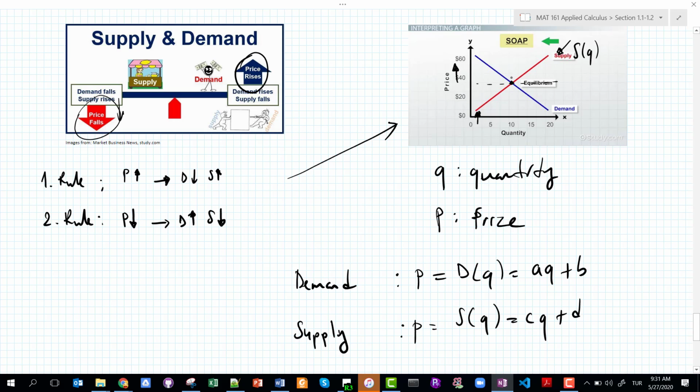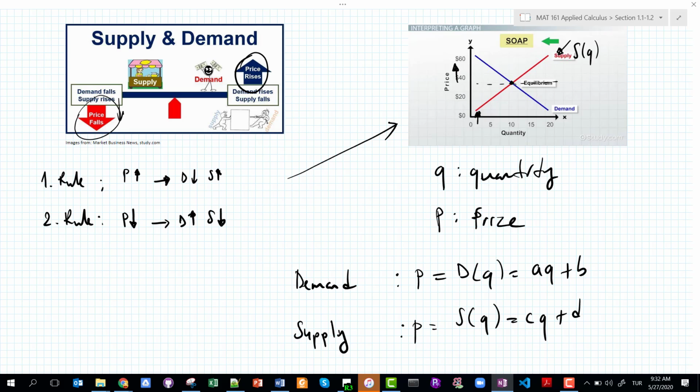But in theory, if it is in balance, the part above this line is going to be the surplus, since you will have more quantity, and the part below will be in shortage, guys. That's what economists call this situation.